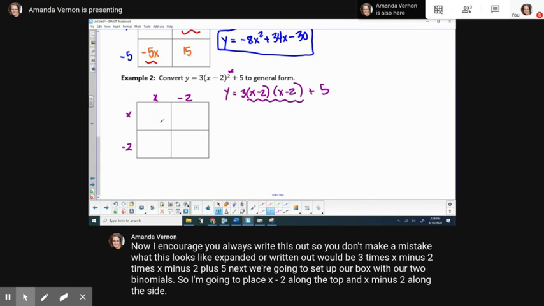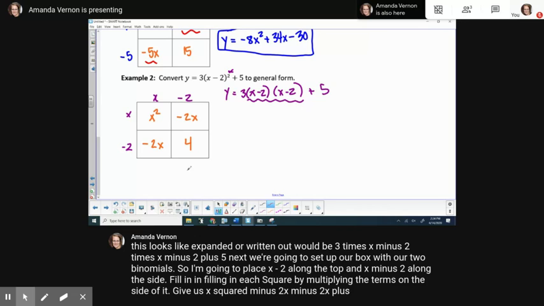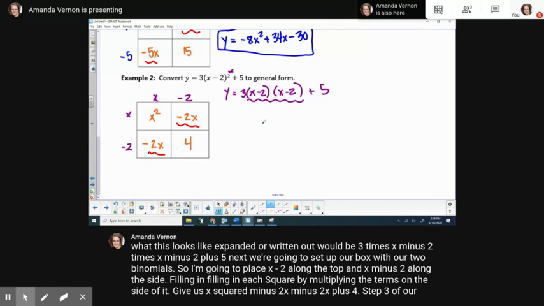Filling in each square by multiplying the terms on the side of it gives us x squared minus 2x minus 2x plus 4. Step 3 of our process says combine like terms.